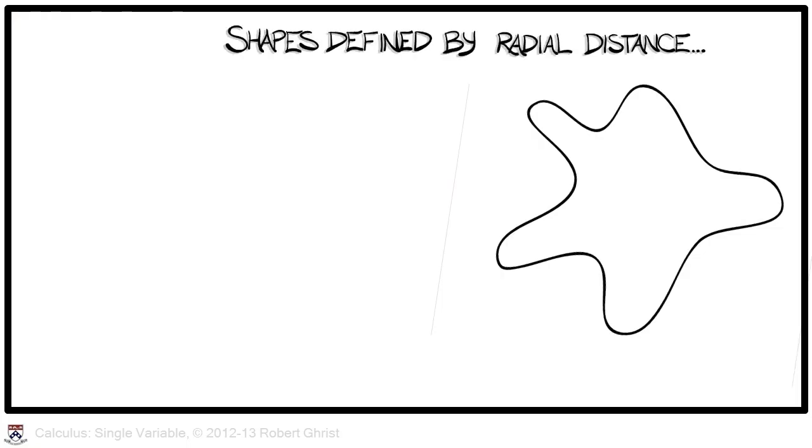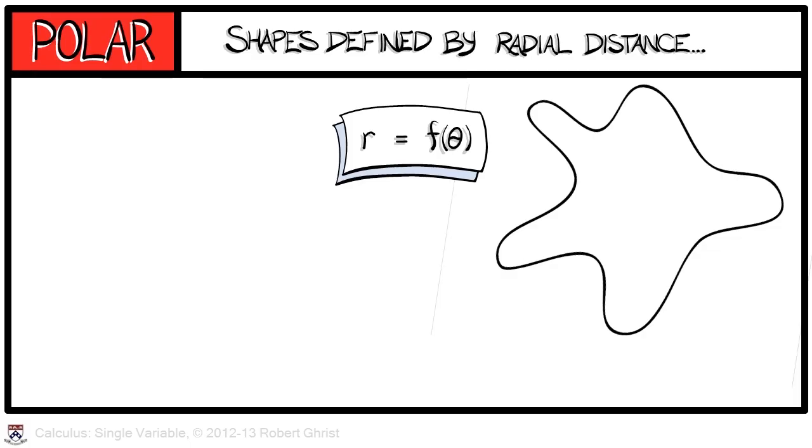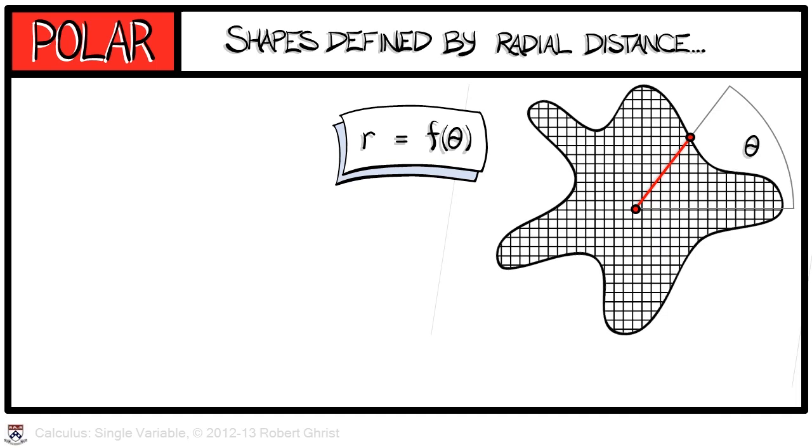Here's one approach. In the case where a shape is defined by a radial distance, we can use what is called polar coordinates. So if we have a shape of the form r equals f of theta, where r is a distance to the origin, theta is an angle made to the x-axis, then trying to fill out such a region by vertical or horizontal strips as an area element is likely to lead to frustration.